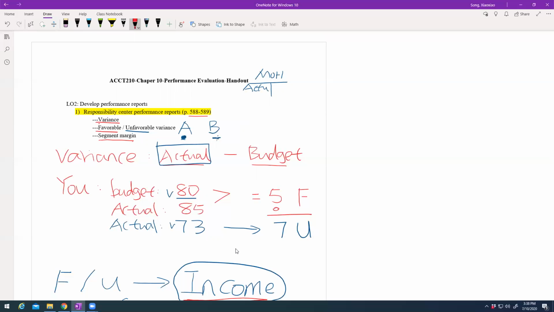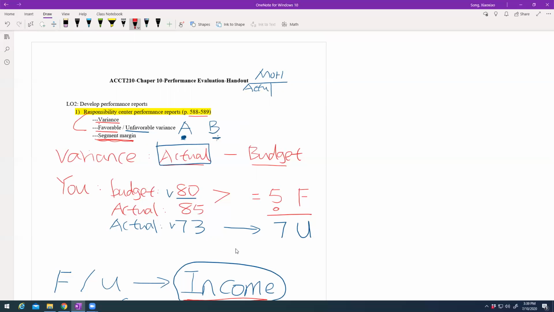So they say, okay, then we just look at your income based on your segment margin before allocating the common fixed cost. Read the textbook for this part just in case you have multiple choice.